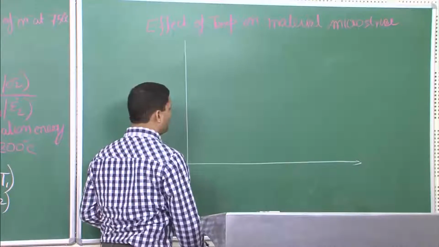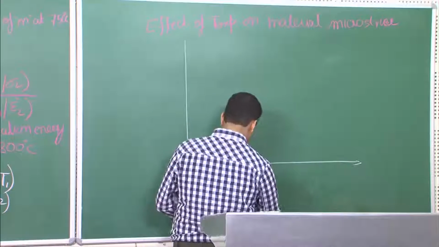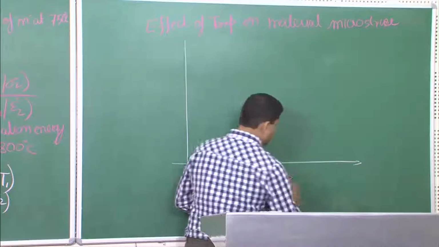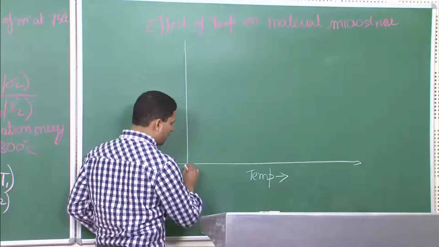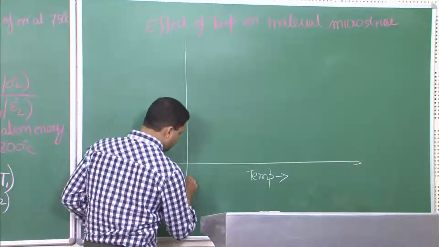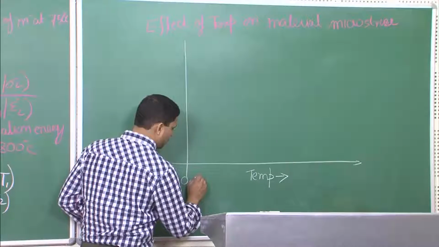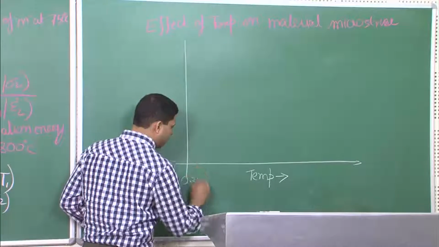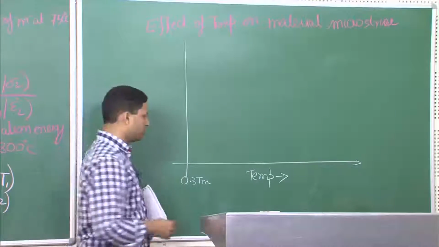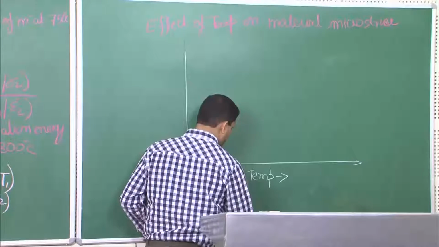So, let me plot again. Over here on the x axis I have temperature. This is not 1 over T, it is temperature. So, this is increasing in this direction, and the way I have drawn it, the point where the y axis is crossing is 0.3 Tm. Again I am using homologous temperature.